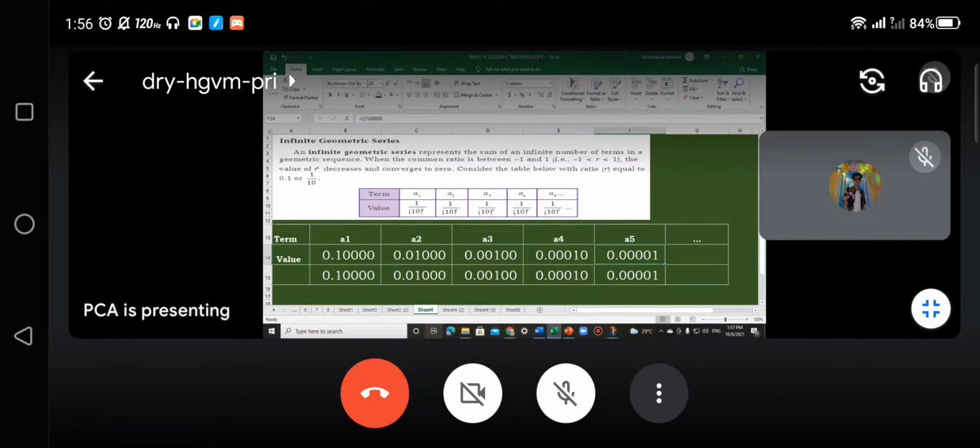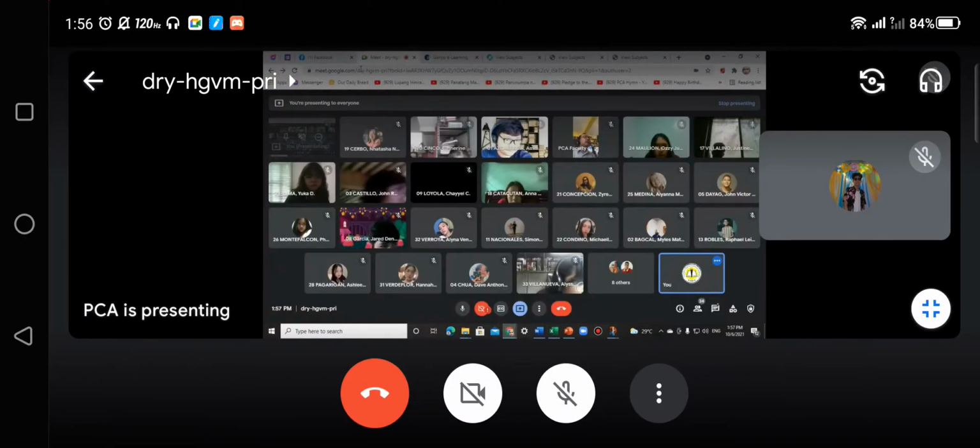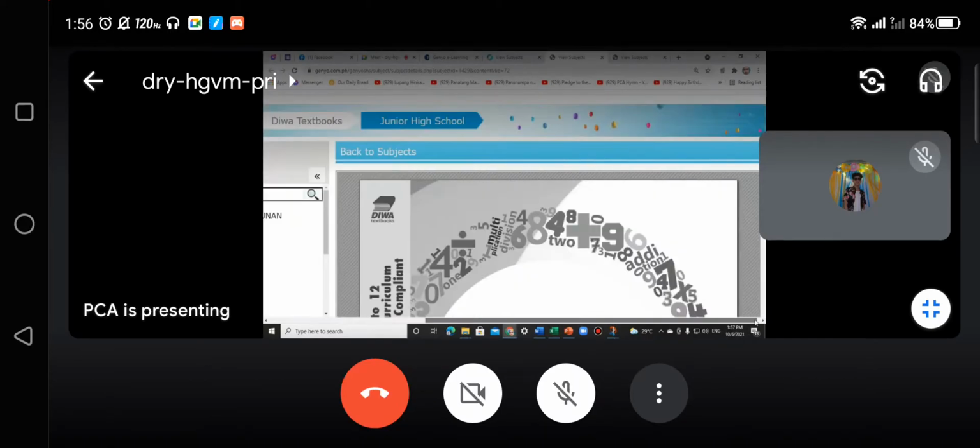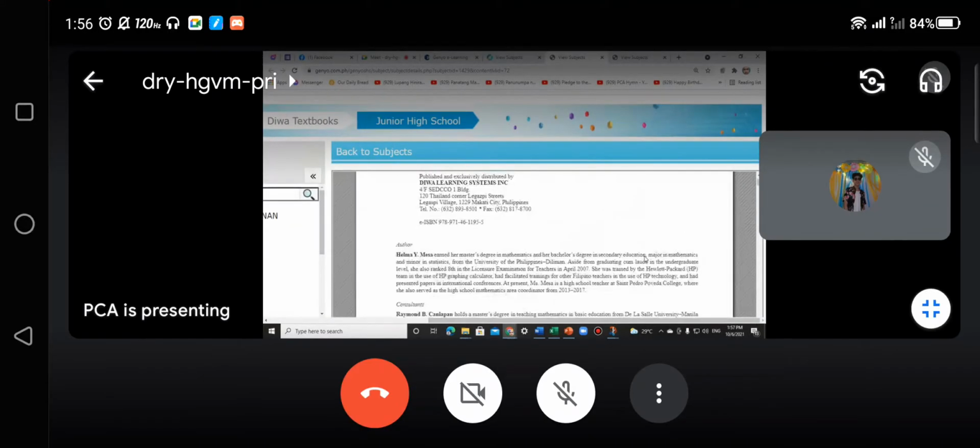For this one, there's a value 0.0001, but mind you, it's actually nearing to zero. That is why it was created, the formula for your infinite geometric series is this one only.